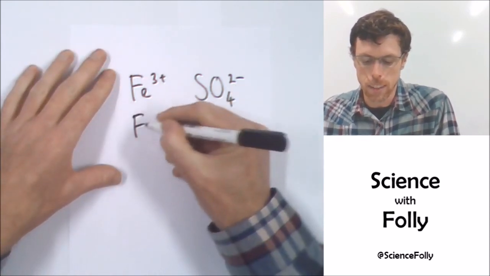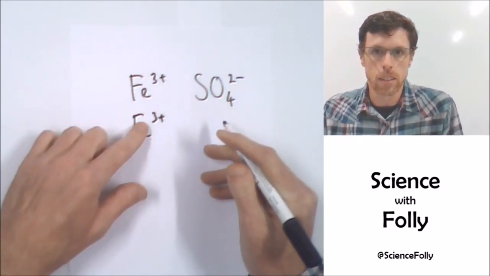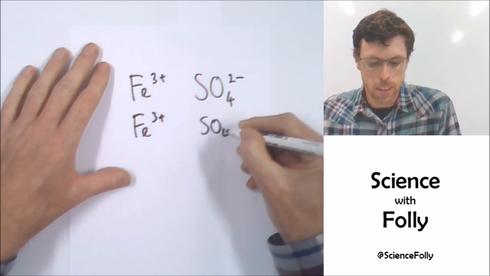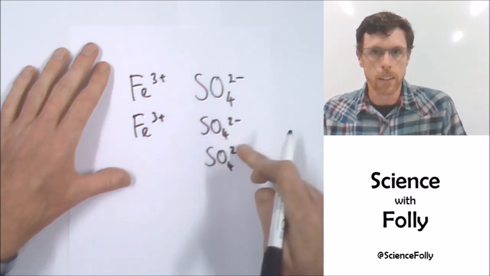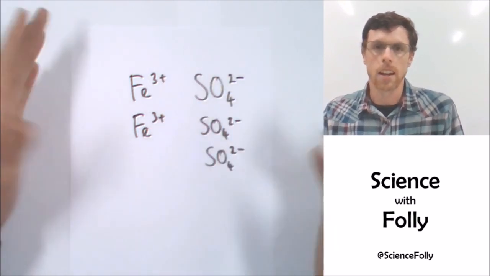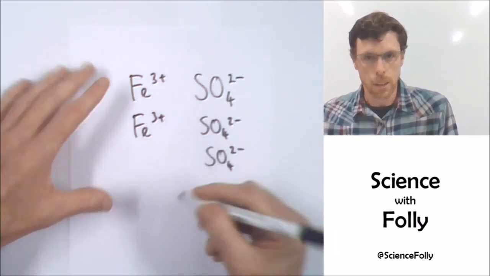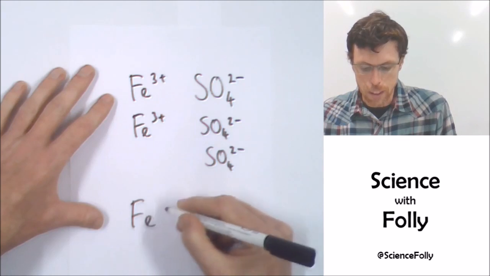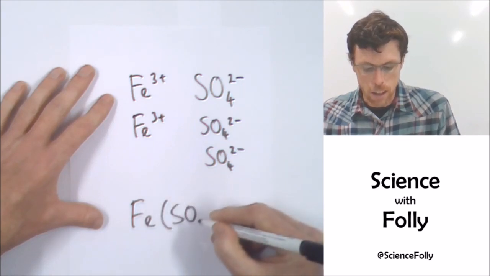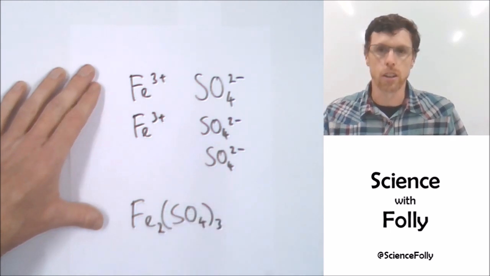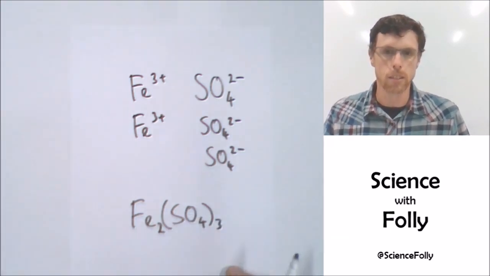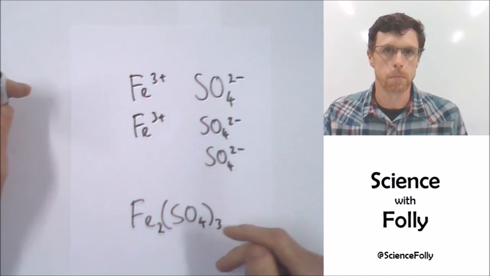So I need 6 positive charges, so 2 Fe's, and 3 sulfates. And there we go, opposite charges, and now they are balanced. How do I write that? Fe brackets SO4 brackets 3 and a 2 here to show I've got 2 Fe's. So Fe2(SO4)3. Piece of cake.